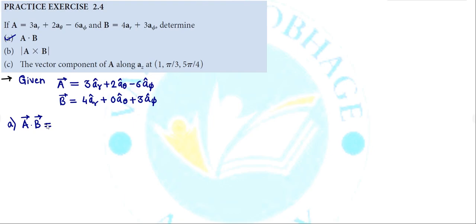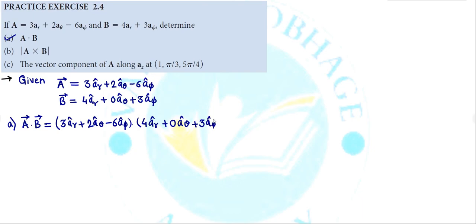You might have gone through my previous videos where we have taken the dot product between two vectors. So we simply rewrite vector A, which is 3AR plus 2A theta minus 6A phi, and second is vector B, which is 4AR plus, since we have the zero theta component, for your convenience I am going to rewrite it as 0 times A theta plus 3A phi.